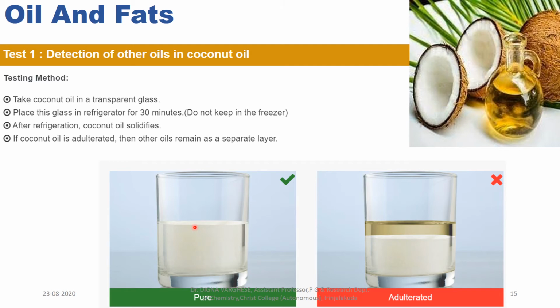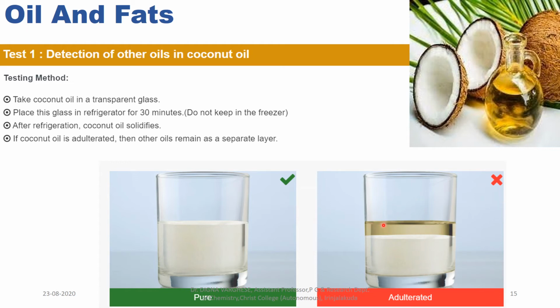Do not keep it inside the freezer. After refrigeration, coconut oil solidifies. If pure coconut oil solidifies, it forms a consistent layer. If coconut oil is adulterated with some other oils, it will give 2 layers, a separate layer.